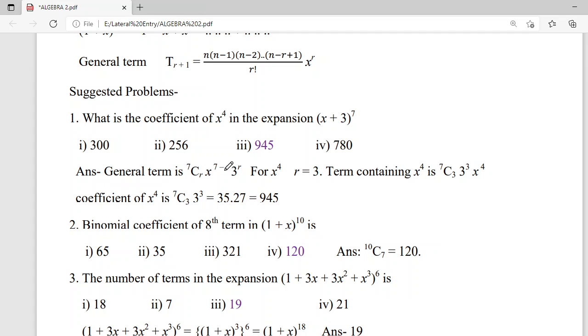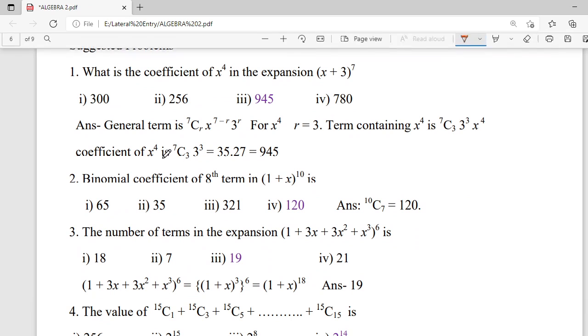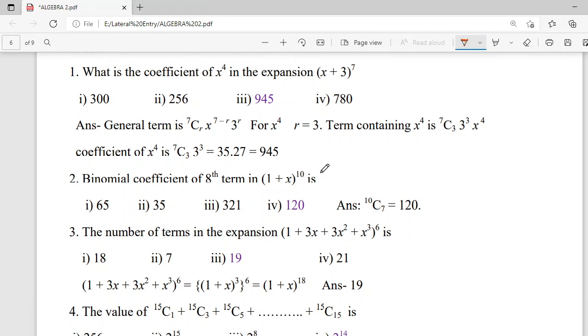So 7 minus r should be equal to 4, then r should be equal to 3. Then in place of r you write 3. So it is 7C3, 3 to the power 3, x to the power 4. You compute the value and you will have 945.